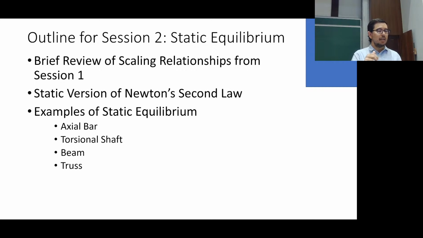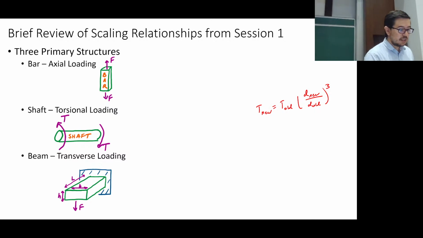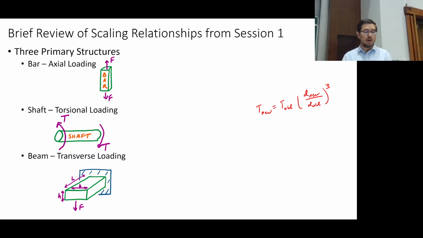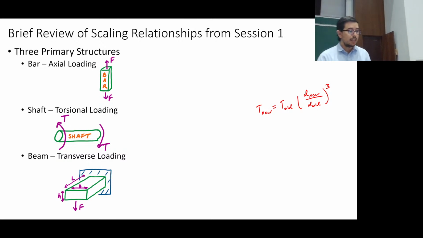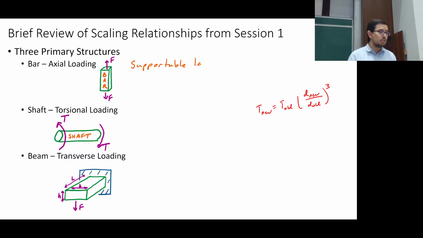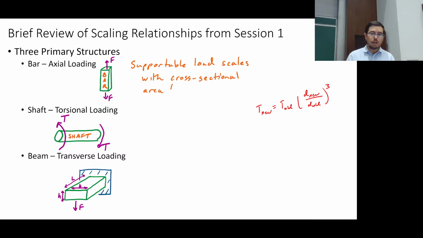And last time, we discussed the 3 types of structures that we're interested in studying in this course. We have the bars, we have torsional loading, and we have the transverse loading of a beam, okay? And we did describe the different types of scaling laws for how much load each one of these structures could handle, right?